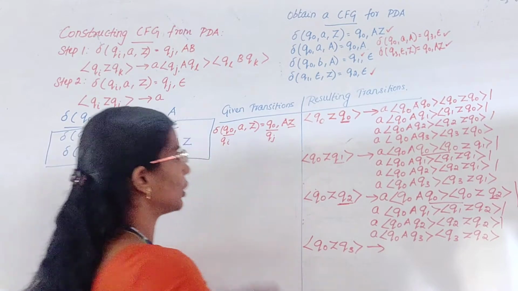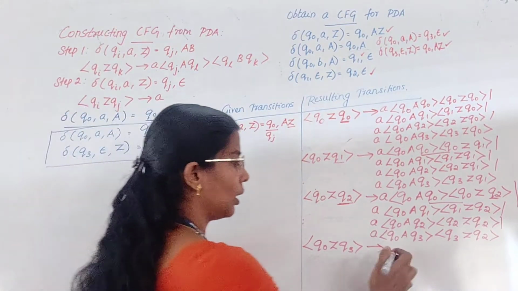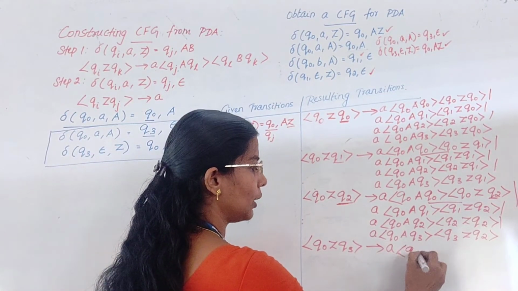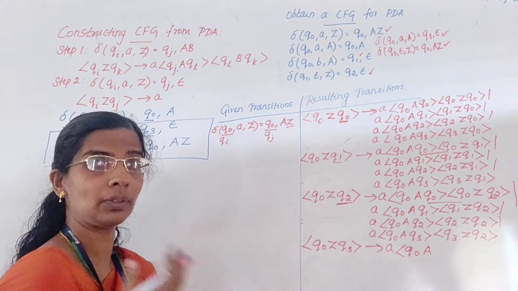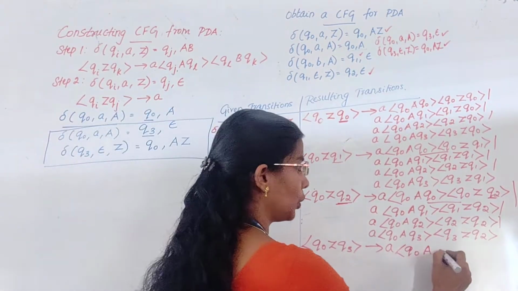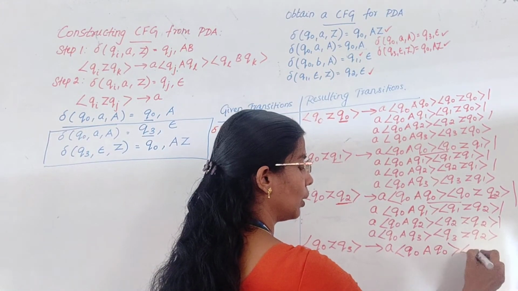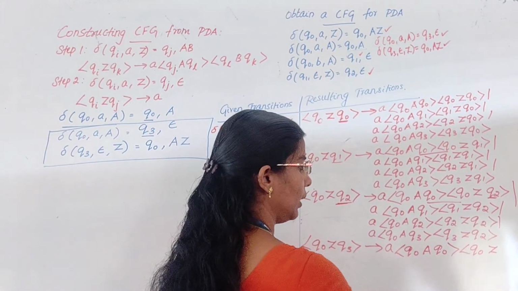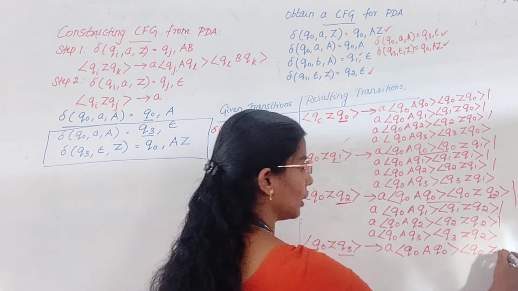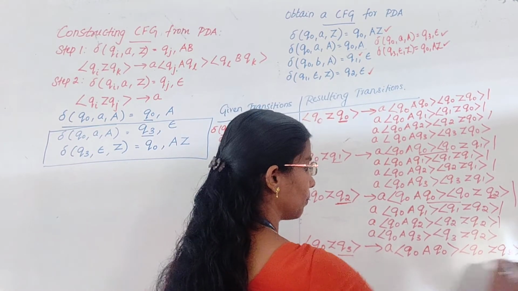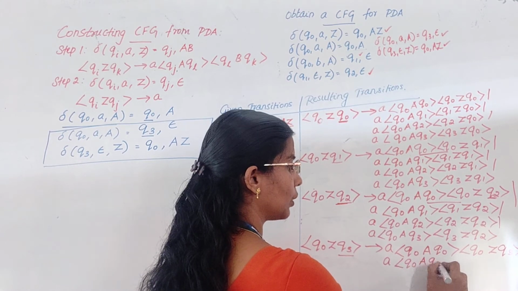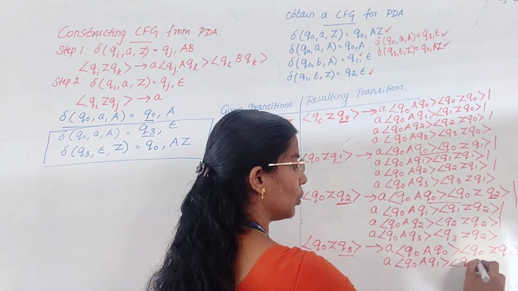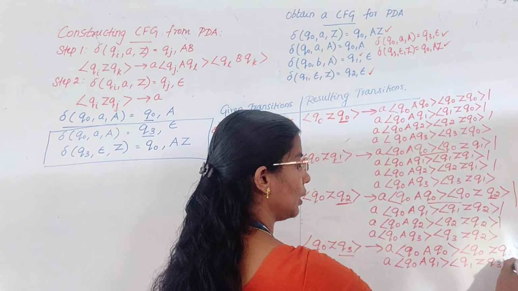How to start this? What is my J? Q0. Right, input symbol, J, Q0, A, and here start with the possible L values. Q0, Q0 set, K is Q3. Q3. A, Q0, A, Q1, Q1 set Q3.